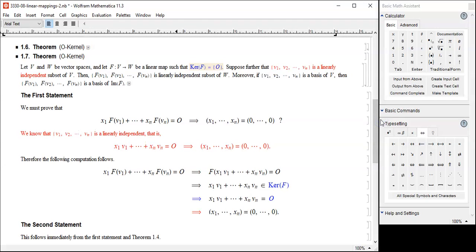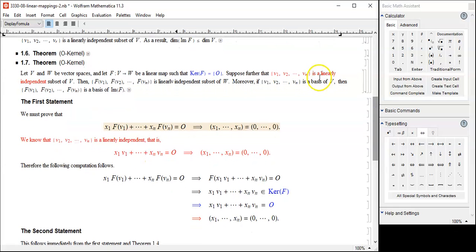How to do that? Well, let's set up. This is what we want to prove. Let's set up a linear combination adding up to the 0 vector. And whenever that happens, then we have to have only zeros. That's what we want to prove. We didn't prove it yet. It's just something we want to prove. And then, what conditions can we use? Well, these are linearly independent, that's given.